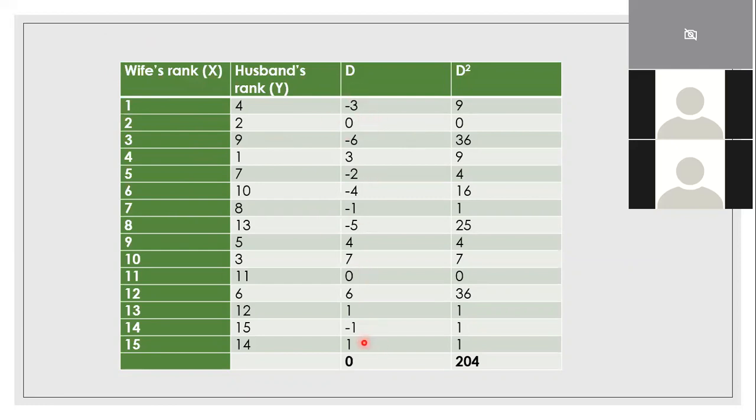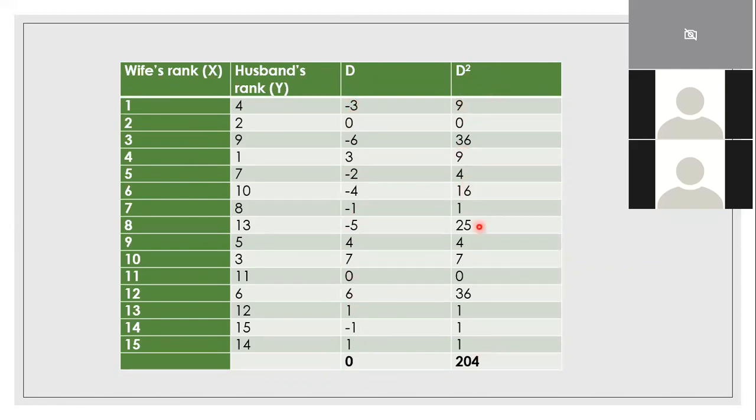So if you notice, some of these values are going to be positive and some are going to be negative. So if you just sum this column, the value you end up with is always going to be 0. That's just how it works. And so what we're interested in is not the values themselves, but the square of those values.